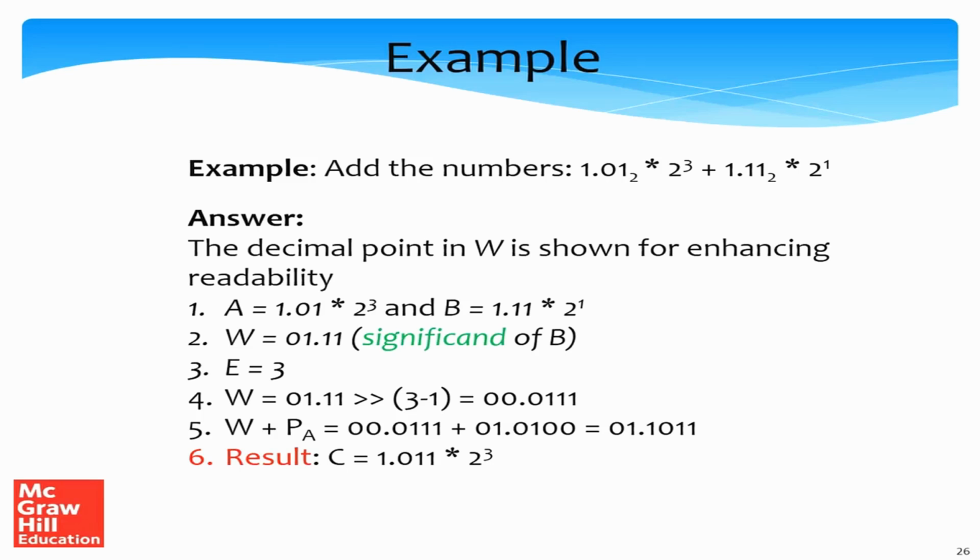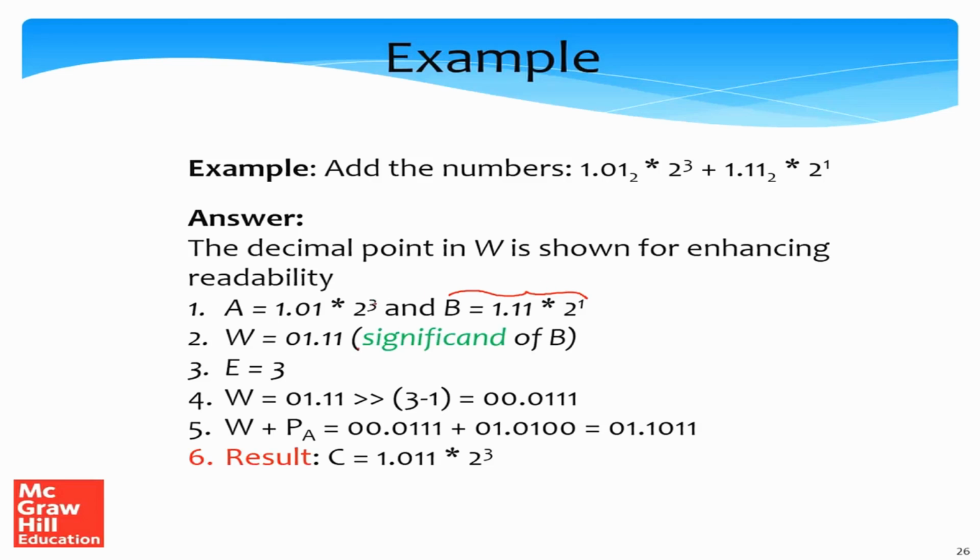So let's consider this example. Let's add the numbers 1.01 in base 2 times 2 cube plus 1.11 again in base 2 times 2 raised to the power 1. The decimal point will be shown in W to enhance readability, but in the hardware it will not be there. Let's set A as 1.01 times 2 cube, and B as 1.11 times 2 raised to the power 1.